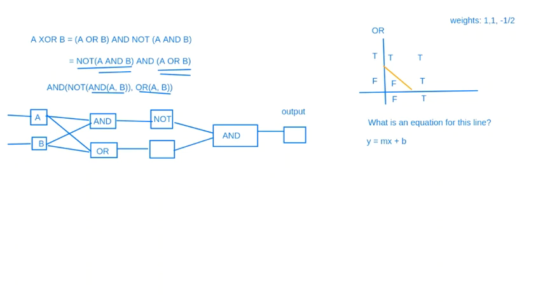Negative 1 times x, and then plus 1/2. What if we put all of this on the left-hand side and write the equation in standard form, where you get things equaling 0 on the right-hand side? We get 1 times x plus 1 times y minus 1/2 equals 0.